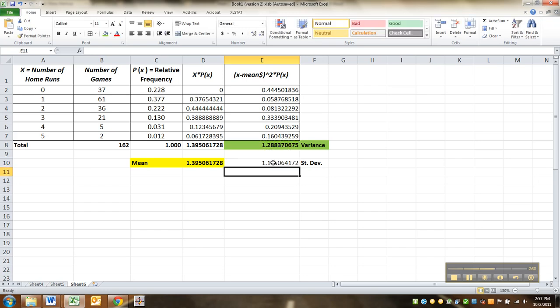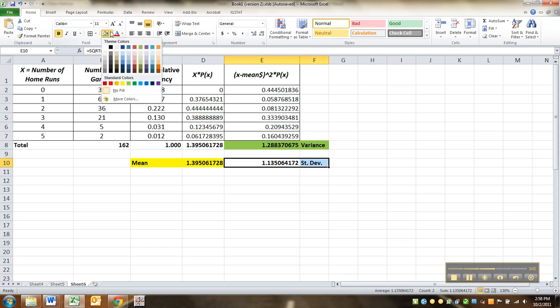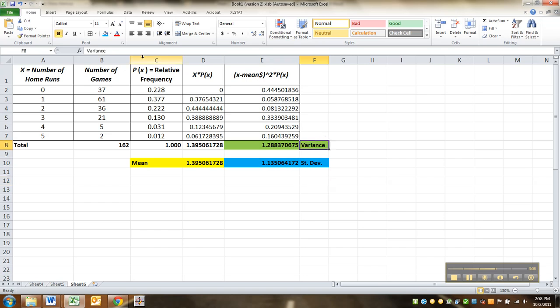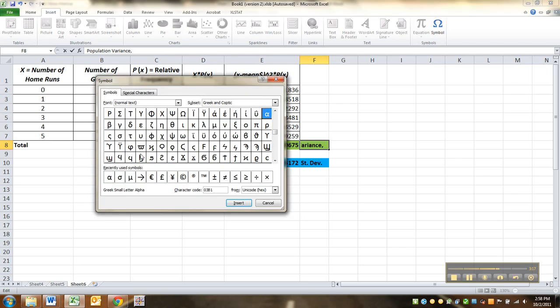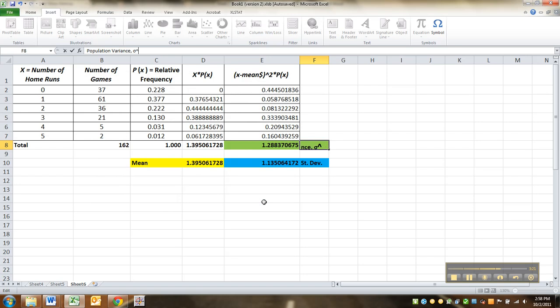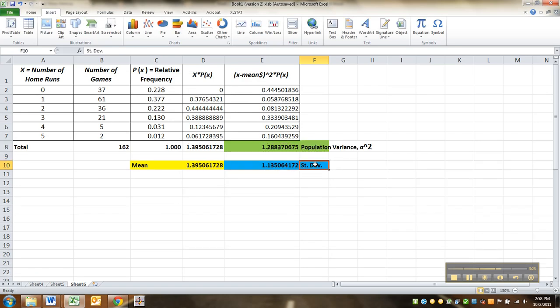And there we go. And just on a side note, these are actually population values. The reason being, population variance, this is actually a sigma squared. And down here, this is actually a sigma. Okay.